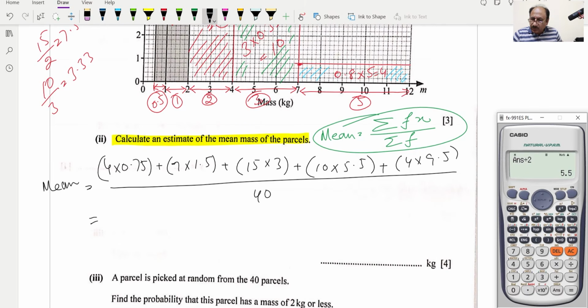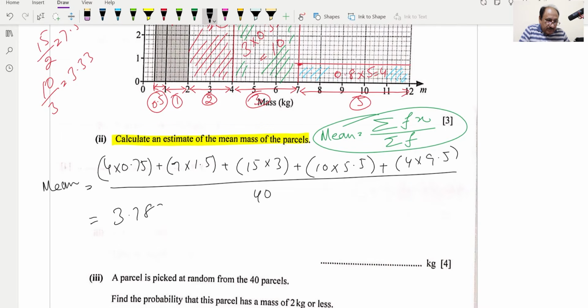We can use a calculator to solve this. This will be 4 multiplied by 0.75 and plus 7 multiplied by 1.5 and plus 15 multiplied by 3 and plus 10 multiplied by 5.5 and plus next will be 4 multiplied by 9.5, and we have to divide this by 40, and this will be equal to 3.7875.